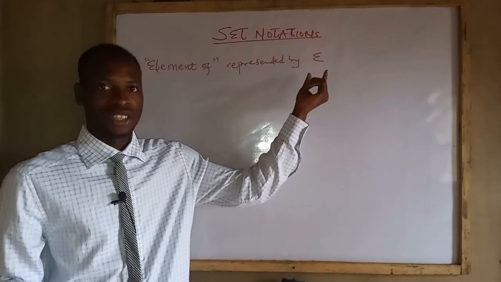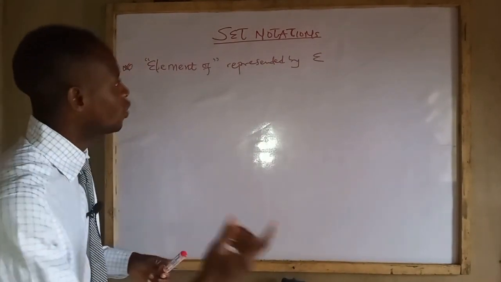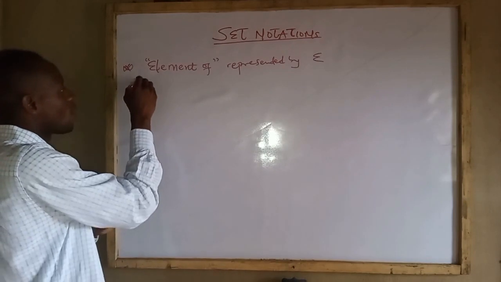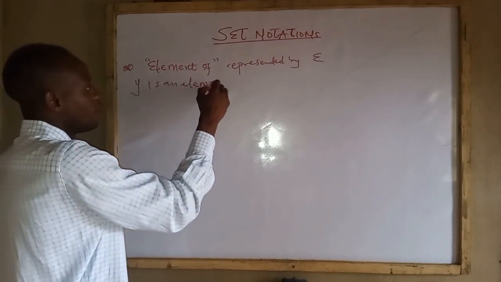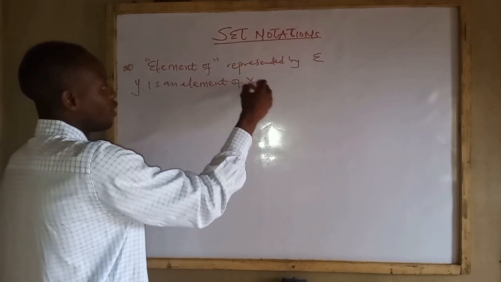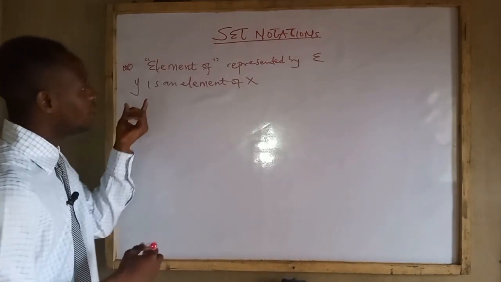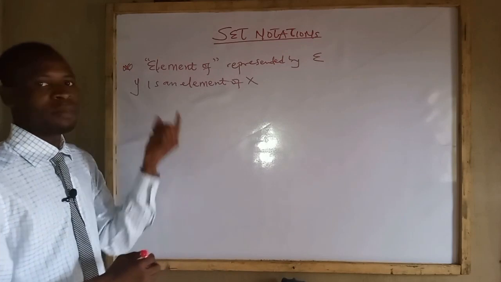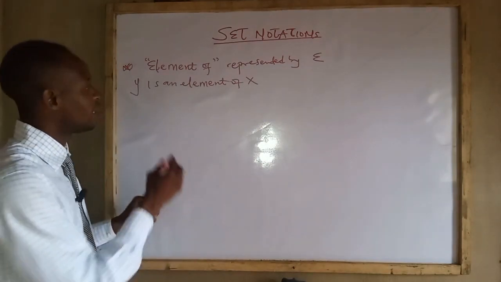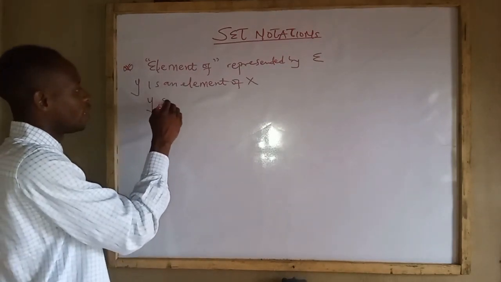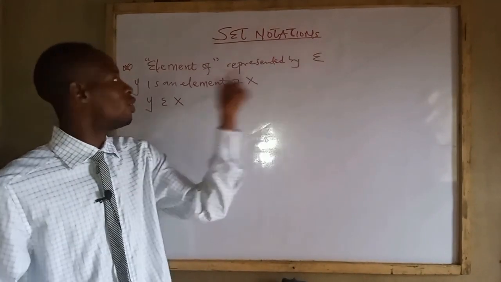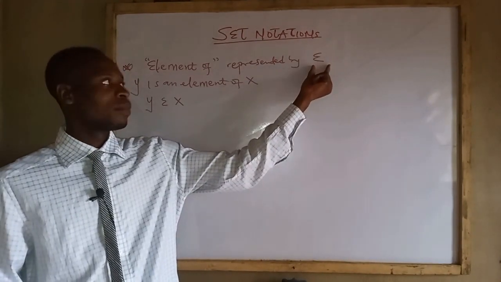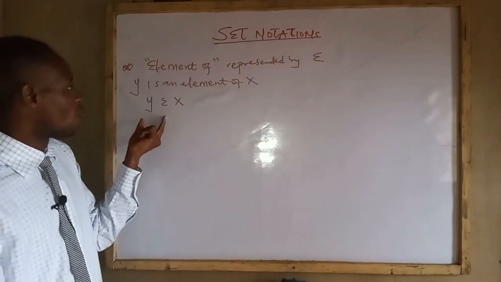A capital letter E. So if I say y is an element of x, this sentence can be represented mathematically by this, because you have identified element of as this capital letter E. So y is an element of x.